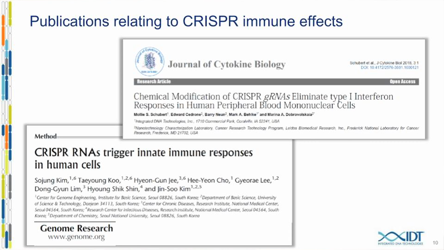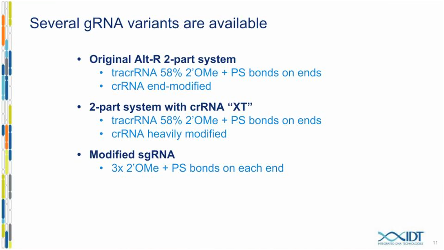The nature of RNA doesn't change between RNAi and CRISPR. So while we started out with the two-part system, which we recommend today for most users because it's going to be the most economical, there are other products that we have which will vary in when you need them depending upon what you're doing. And the XT is a version of the crRNA that's more highly modified.